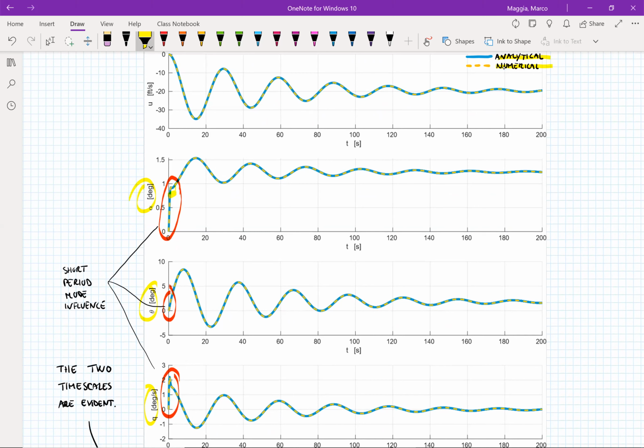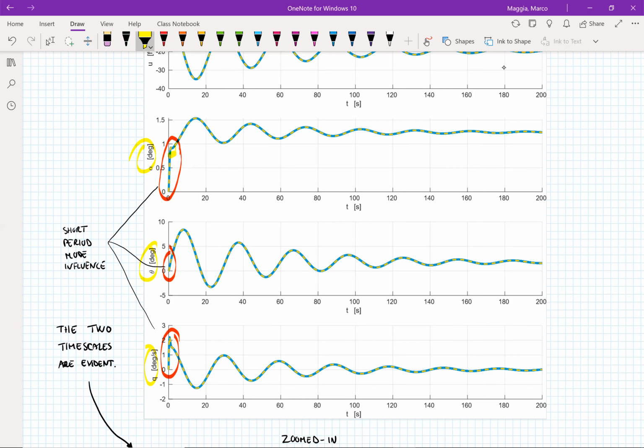You cannot really see it for the pitch angle, but we're going to see it better later when I show you the plots in MATLAB. But it's more evident for Q. You see the little spike here at high frequency. That is the effect of the short period mode.